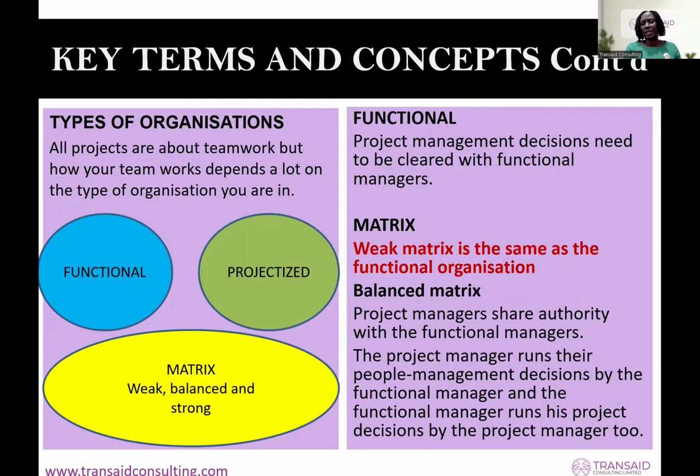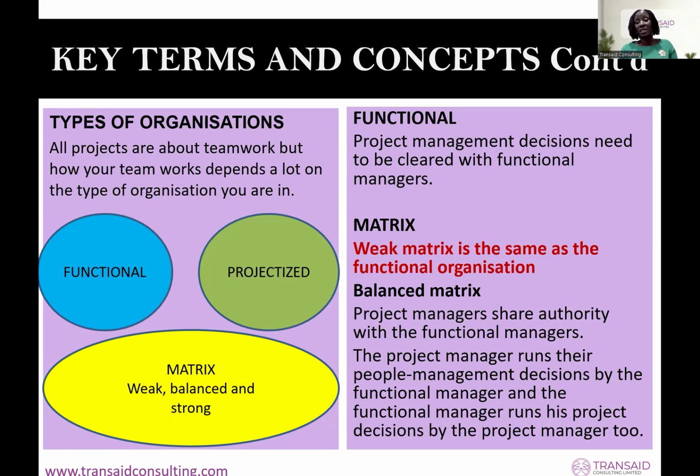So we have types of organization. All projects are about teamwork, but how your team works depends a lot on the type of organization you are in. So you need to understand the organization that you are working with. We have functional organizations, we have matrix, we have project type. In a functional organization, you see Department of Human Resources, Department of Accounting, and all those. The departments are organized around the function, and they have line managers, functional managers.